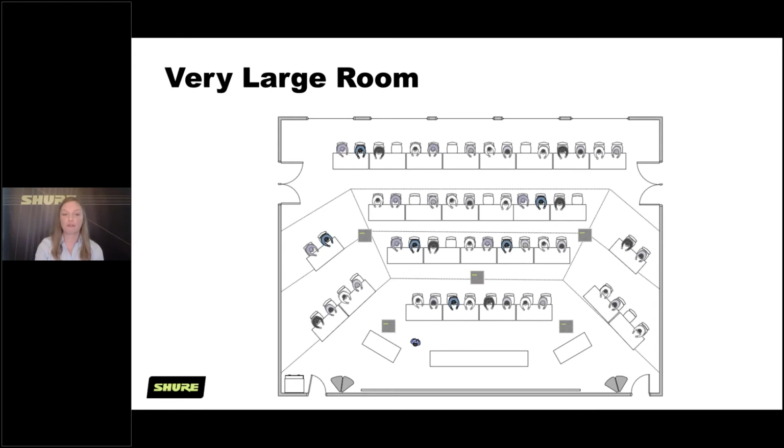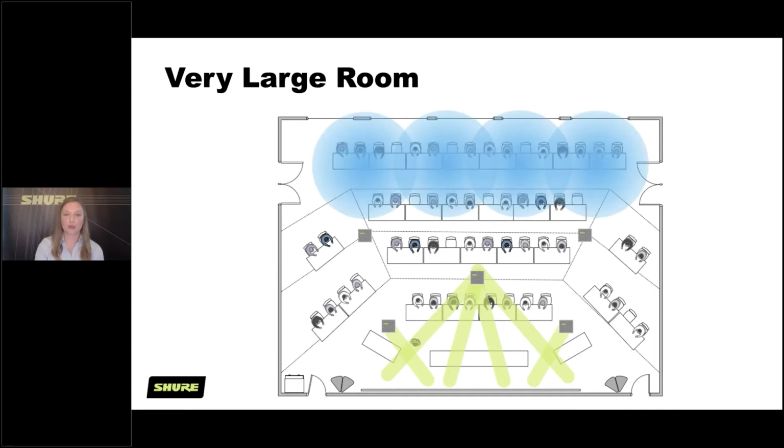So if the professor is talking at the front of the room and is being picked up by those front arrays, we are going to use the speakers in the back of the classroom to provide the highest level of reinforcement. So the volume at the rear of the room would be higher than closer to that particular professor because we're accounting for that distance.